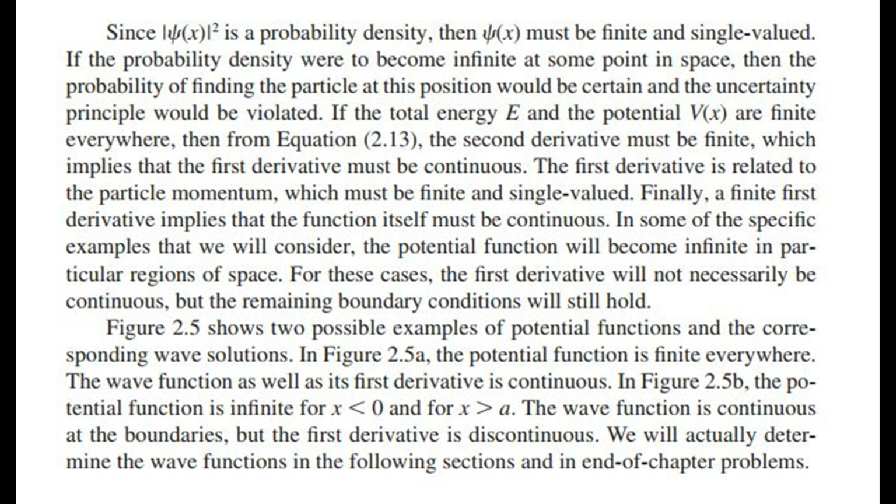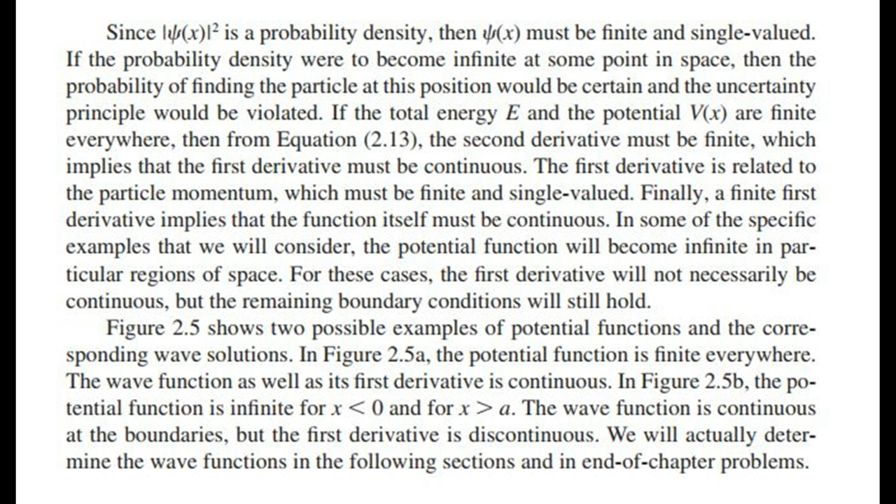Since |ψ(x)|² is a probability density, then ψ(x) must be finite and single-valued. If the probability density were to become infinite at some point in space, then the probability of finding the particle at this position would be certain and the uncertainty principle would be violated.